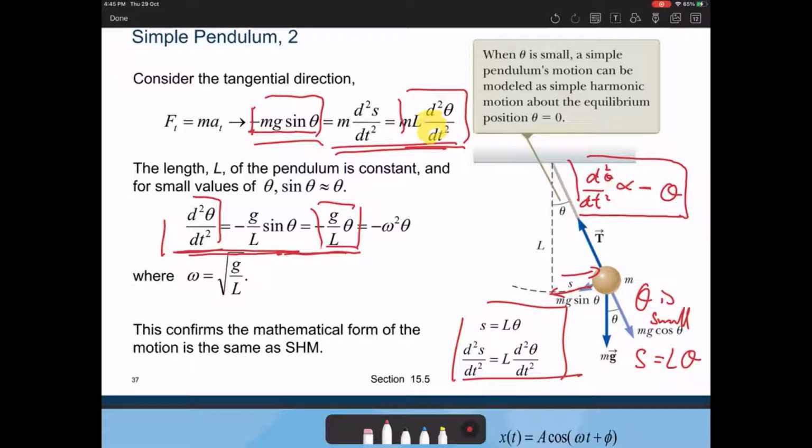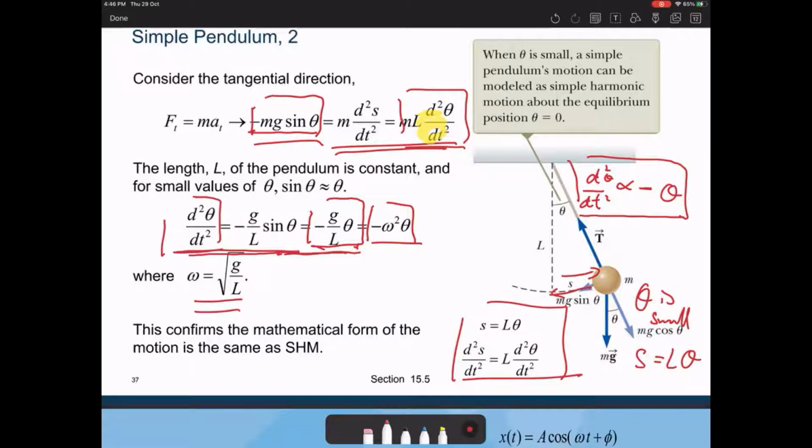What is the omega squared in this case? If you compare the equations here to this one, you will see that for the simple pendulum, omega squared is equal to g over L. So omega is equal to the square root of g over L, different from the spring mass system.